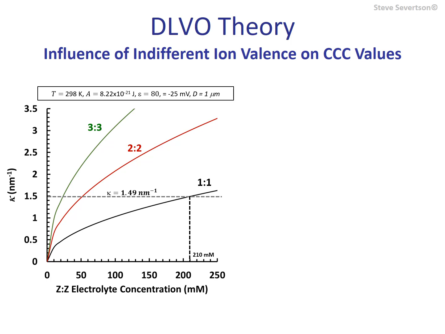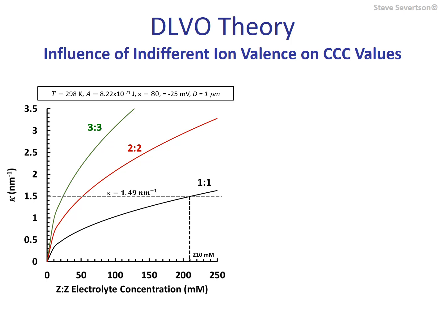A critical concentration was isolated because it's more intuitive or practical to think in terms of concentration. But the DLVO critical values actually identify a Debye-Huckel parameter for which the system is destabilized, which in this case is 1.49 inverse nanometers. For a fixed solvent and temperature, the Debye-Huckel parameter is a function of ionic strength, thus both ion concentration and valence.